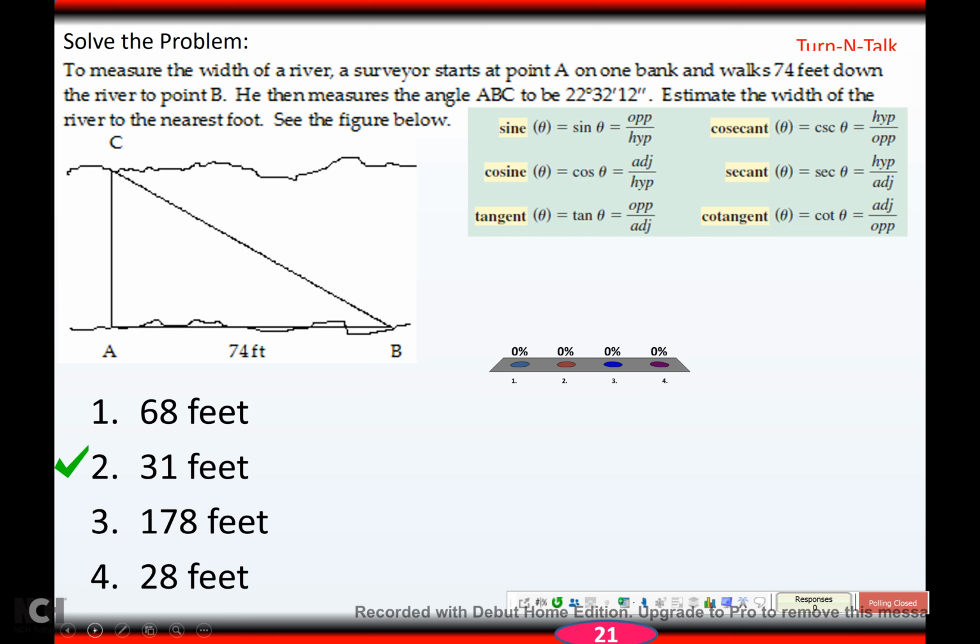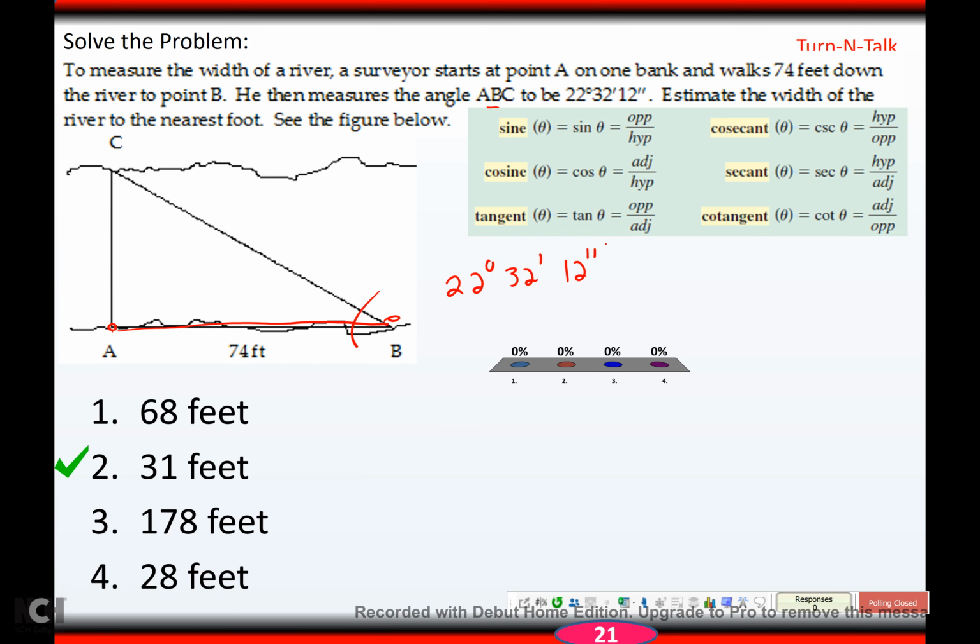It says to measure the width of a river, a surveyor starts at point A on one bank and walks 74 feet down the river to point B. So they're telling you that distance is 74. He then measures angle ABC, which means angle B, whatever's in the middle is the angle they're looking for, to be 22 degrees, 32 minutes, and 12 seconds.